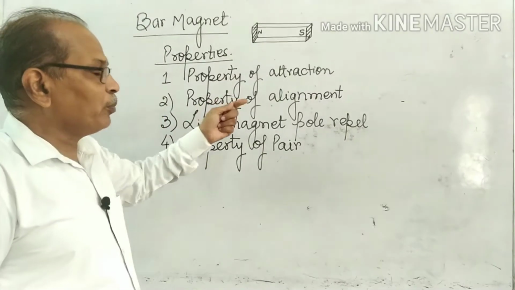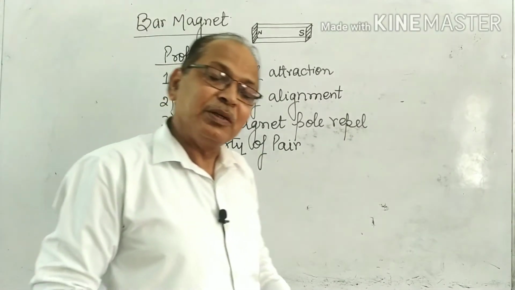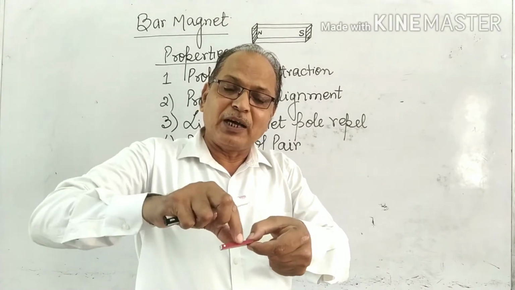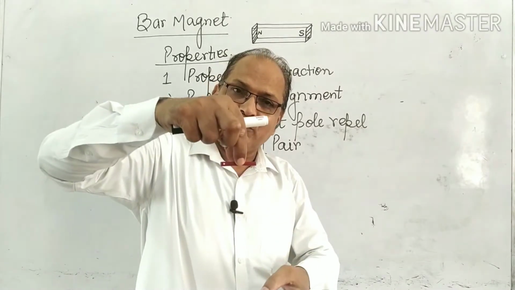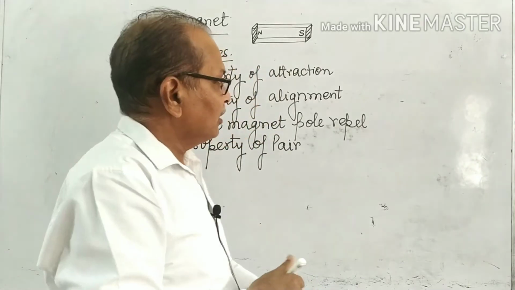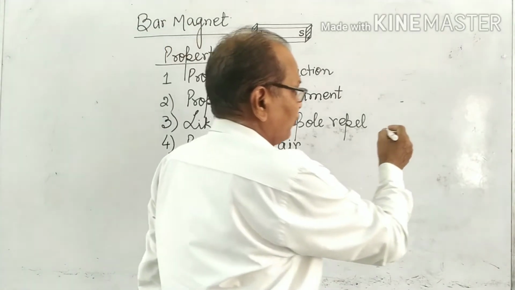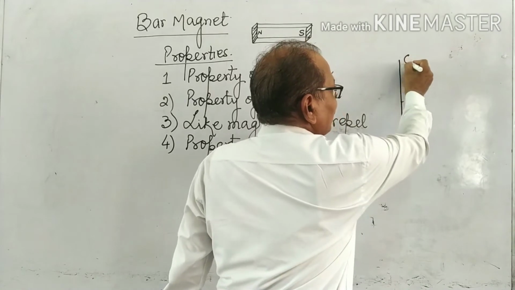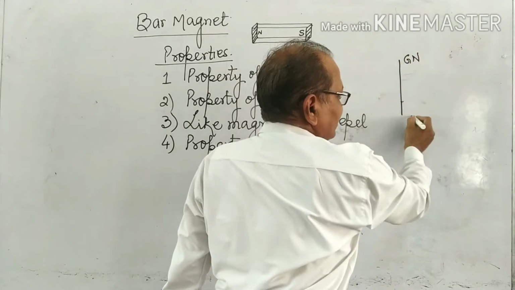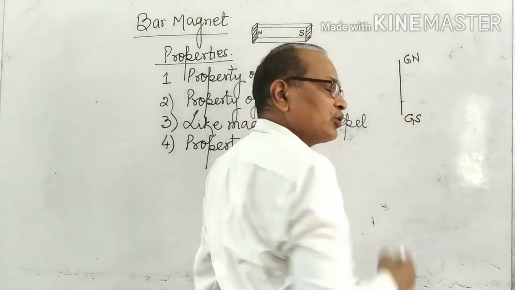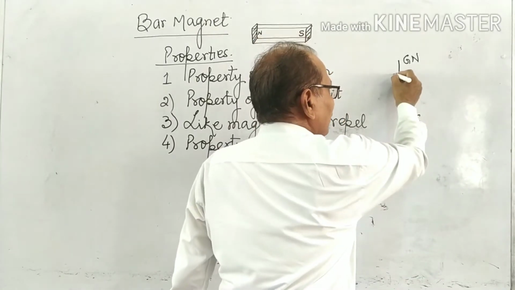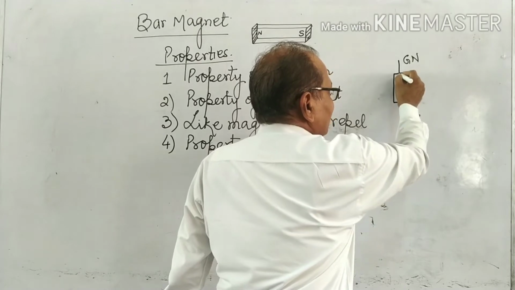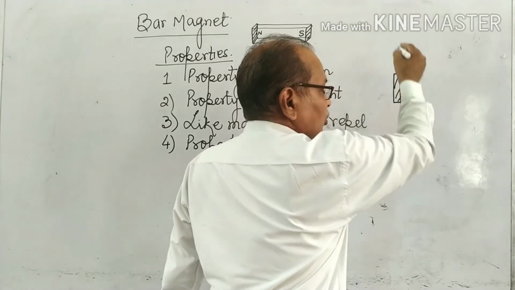Second, the property of alignment. If you suspend this bar magnet freely, and for example this is our geographical north and this is geographical south, then the bar magnet always aligns itself along the north-south direction.